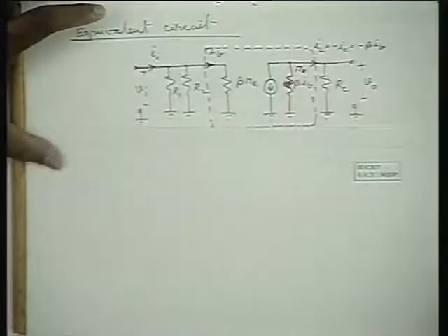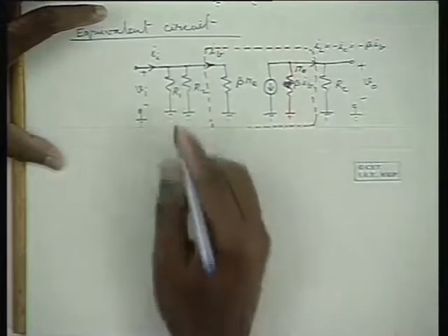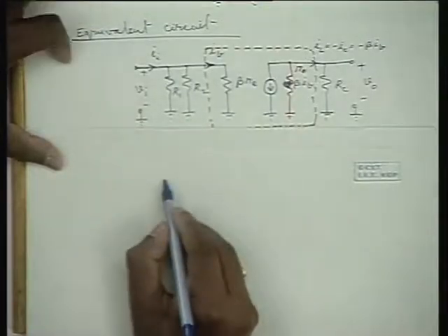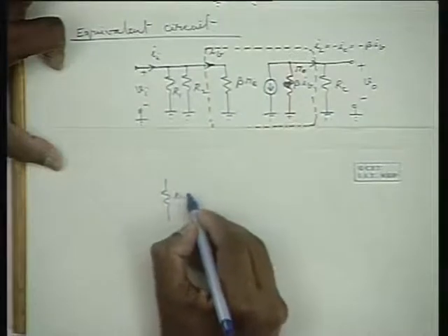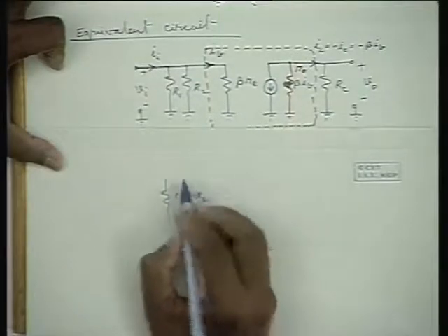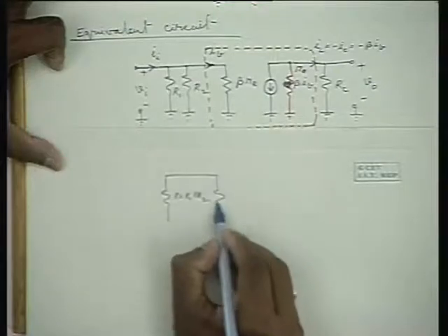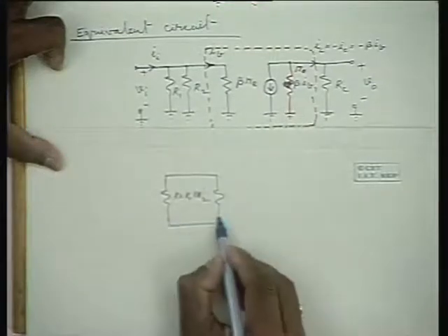Now let me solve this circuit. To simplify the circuit over here, let us replace R1 and R2 by a single resistance R, which is equal to R1 in parallel with R2, and this is beta re.